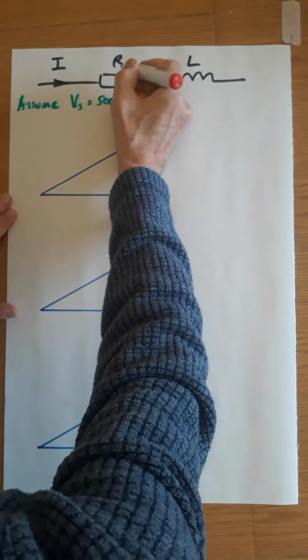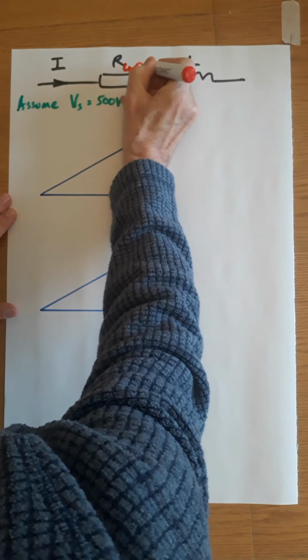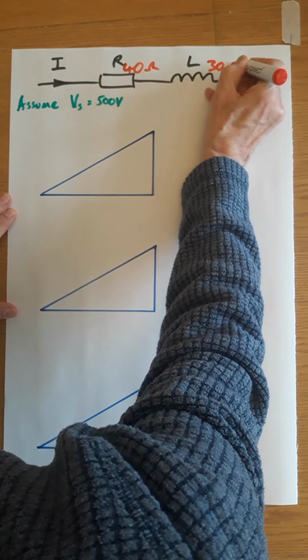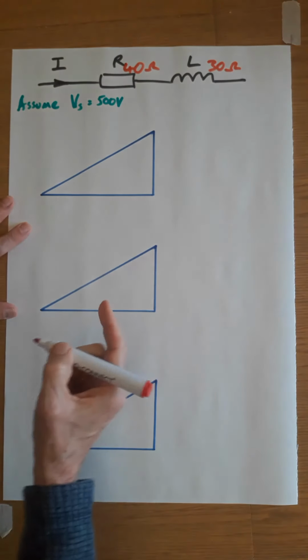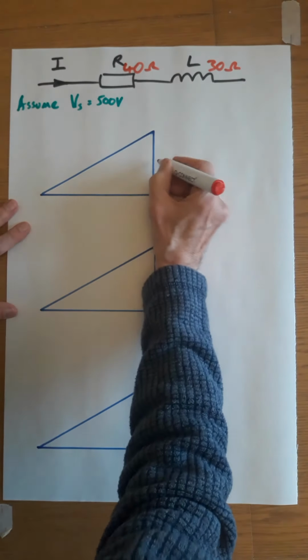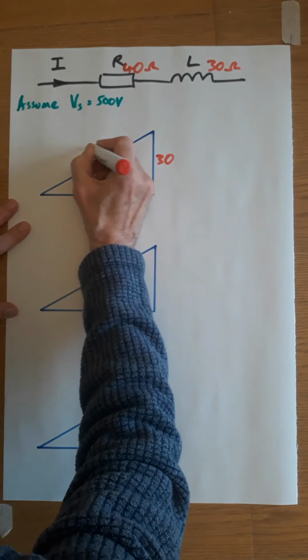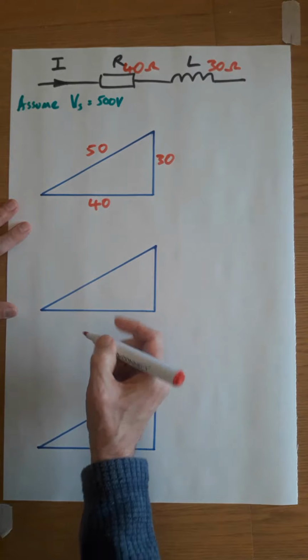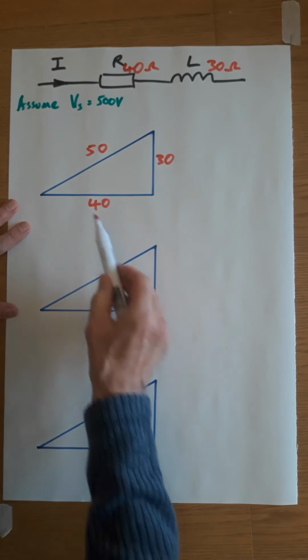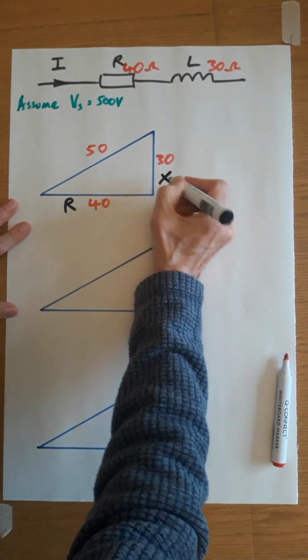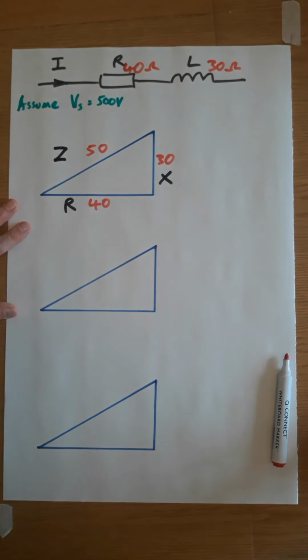If I say the resistance is 40 ohms, the reactance of the inductor is 30 ohms, then we can create a triangle. 30, 40, this will be 50. So in case you've missed it, this is an impedance triangle, R, XL, Z.